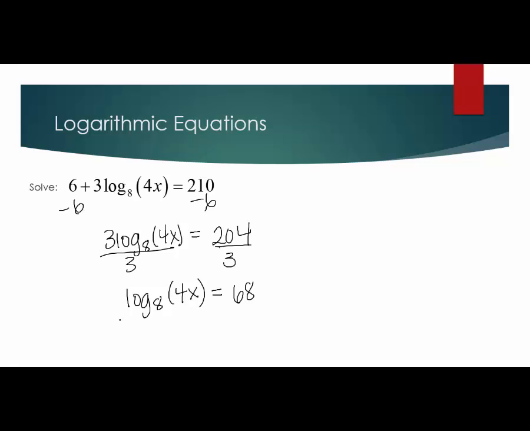If I apply a base 8 to both sides, 8 to the base 8 logarithm of 4x is 8 to the 68. Now my base 8 logarithm and my base 8 exponential are inverses, so they undo each other. That's 4x equals 8 to the 68. And then we can divide both sides by 4. So another really huge number, but 8 to the power of 68 divided by 4.